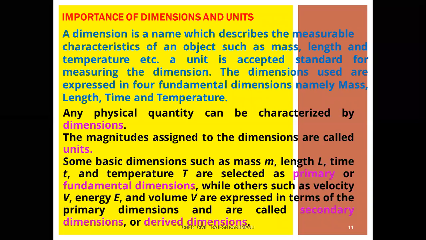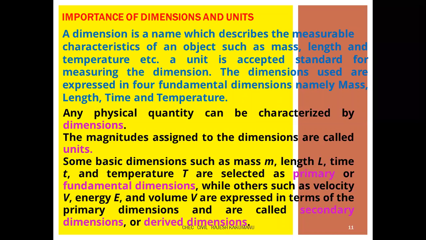It may be length, that is area-wise, length, width, height, or maybe mass, density, weight, or maybe temperature, or maybe pressure. Whenever a physical object has such units and characteristics, then we call them a dimension. Okay, the unit is an accepted standard for measuring the dimension. The dimensions used are expressed in four fundamental dimensions, namely mass, length, time, and temperature.